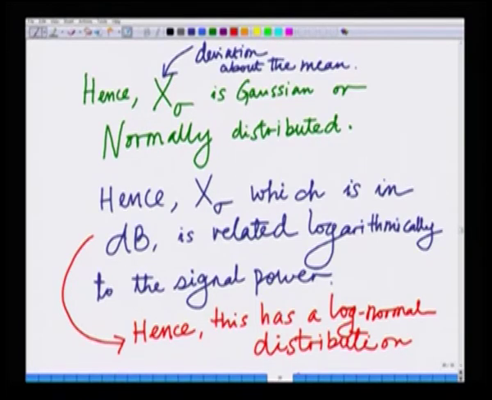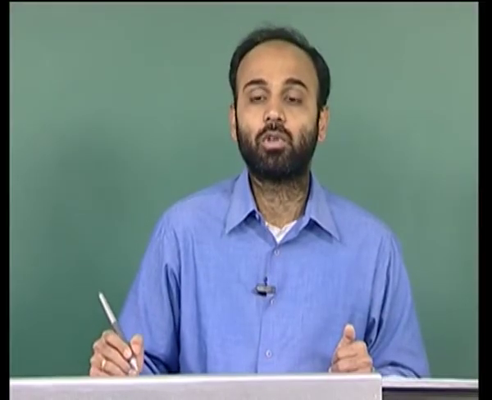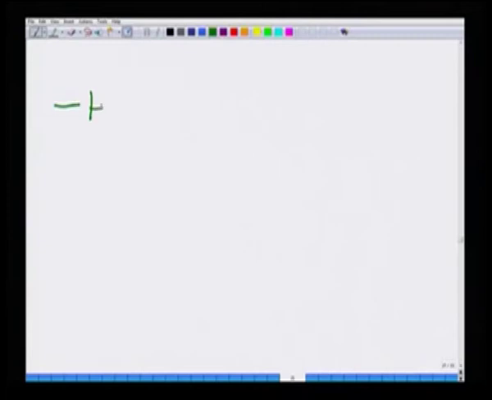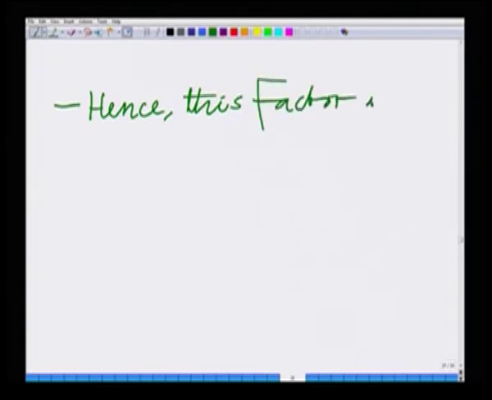That is the reason this shadowing is also termed as log normal shadowing.